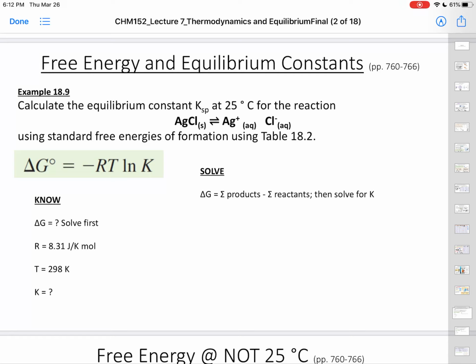And you're going to find the values for silver chloride. So silver chloride solid is minus 109.8. I'm going to write it underneath here. Your silver plus, and remember it's aqueous, is 77.12.